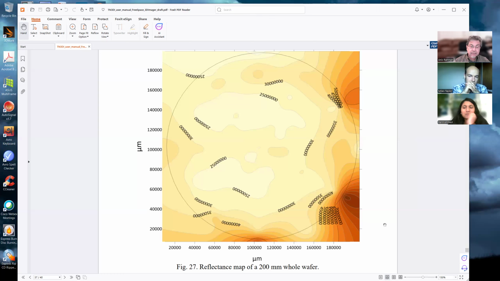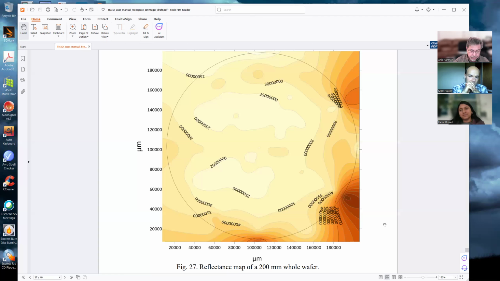Another important thing happens here. We have data elsewhere, I don't have it here, not in this user manual. What happens is as you go deeper, let's say you have an epitaxial layer a few microns thick, then obviously the substrate has very high conductivity, meaning very low resistivity, and the epitaxial layer has a lower conductivity, meaning higher resistivity compared to the substrate.